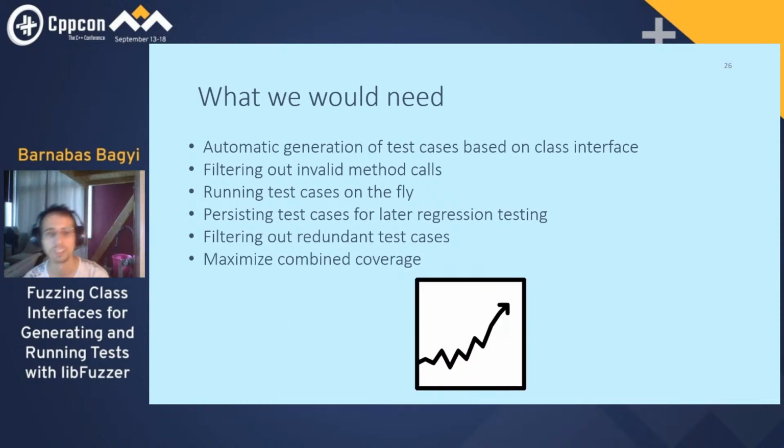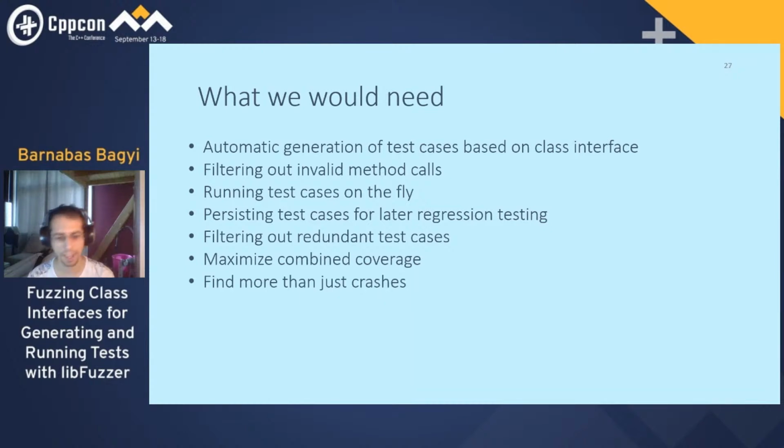But all of this means nothing if we are just generating the same 3 or 4 test cases all the time. We are not even calling some methods. We want to achieve a high combined coverage. And now comes the question, what kind of issues would we like to catch?